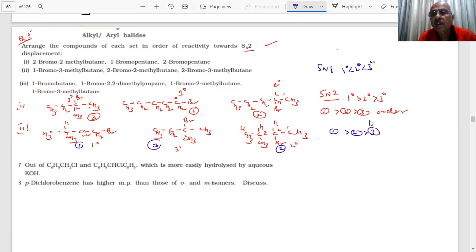That is the stability of the carbocation, and here, students, steric hindrance. Reasons are required in the paper, students.